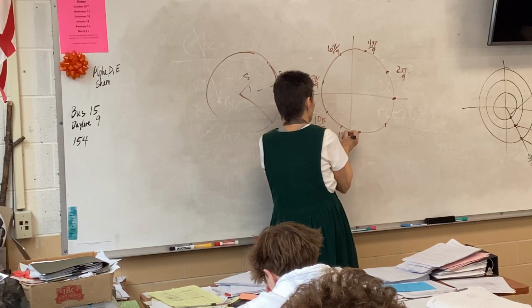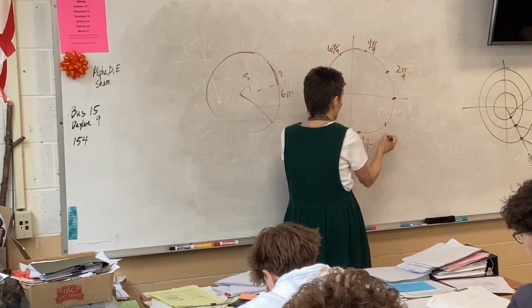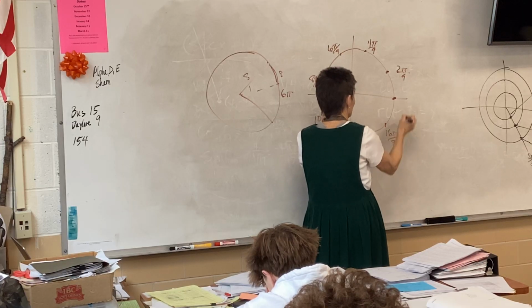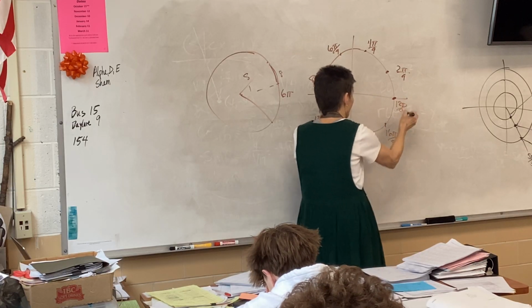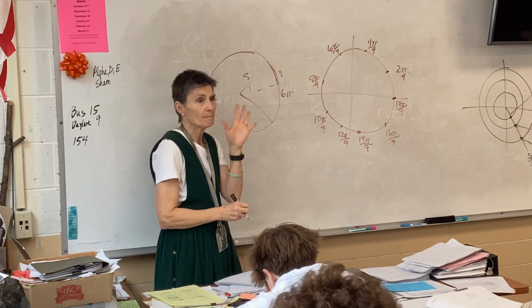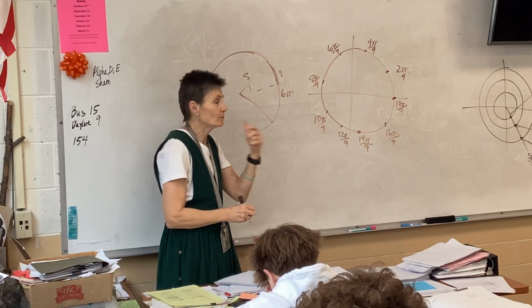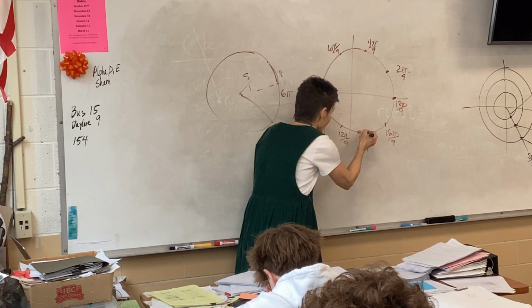I know some of these reduce. Does that make sense to everybody? 9 points evenly spaced. Each arc is a ninth of the revolution. So it looks like that point right there is pointing.